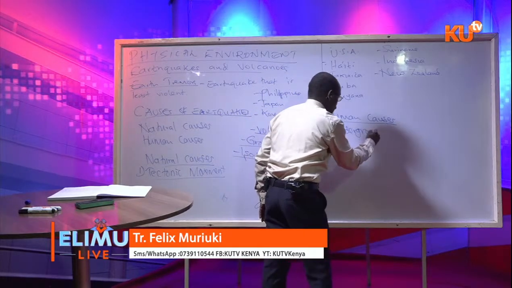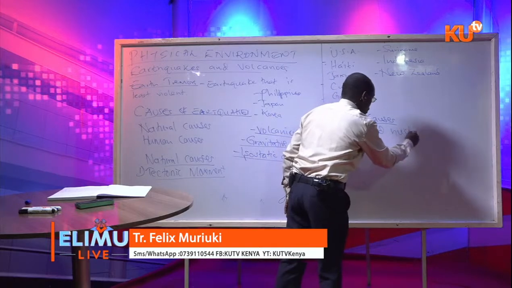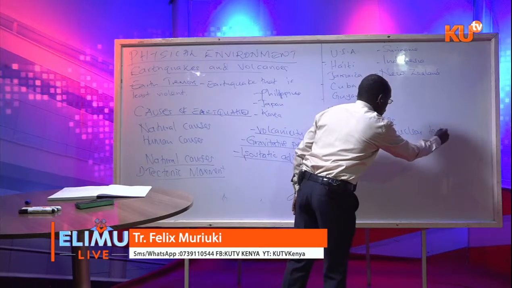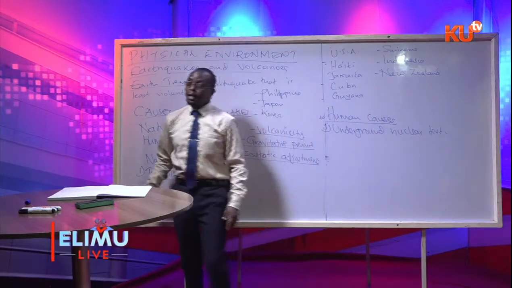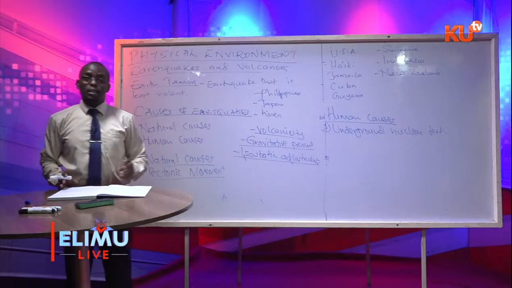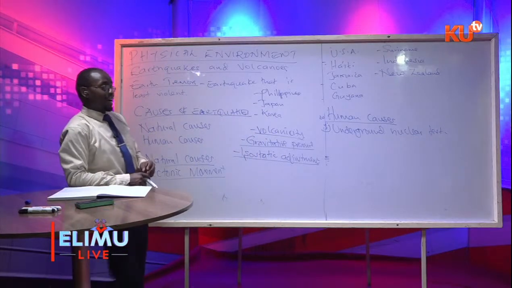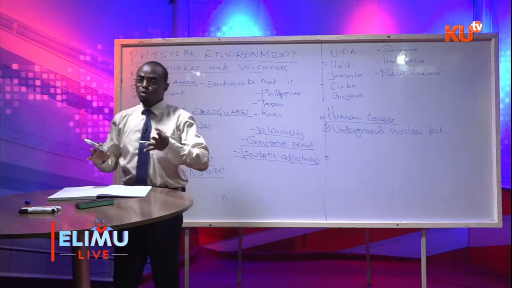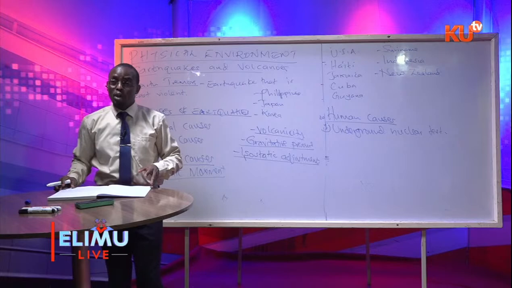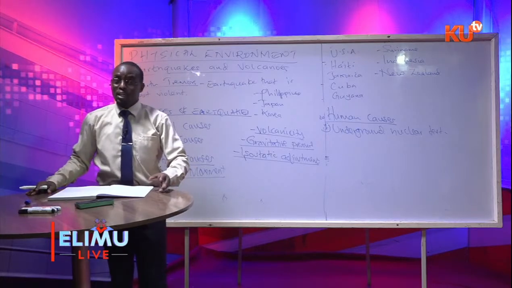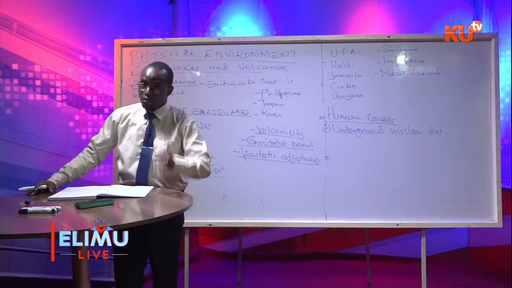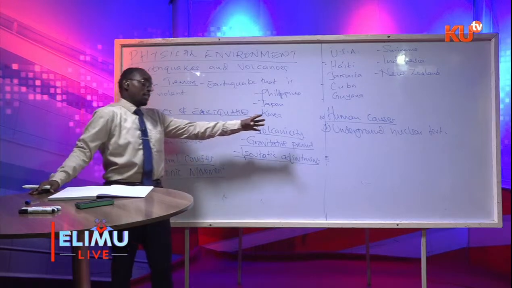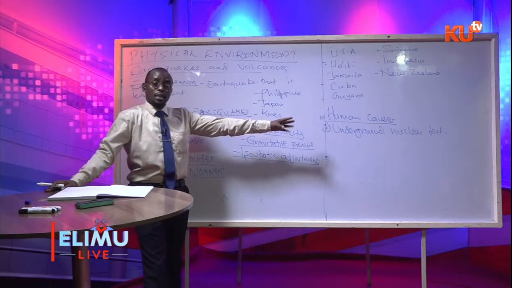Underground nuclear test. Now, underground nuclear test is done by the countries that produce nuclear weapons. And as they try to test them, because they may not test them where we have settlements, since they may lead to devastating effects, they may do this especially in the seas, in the oceans.